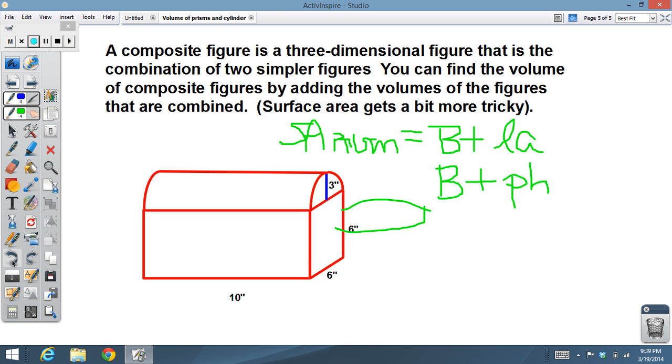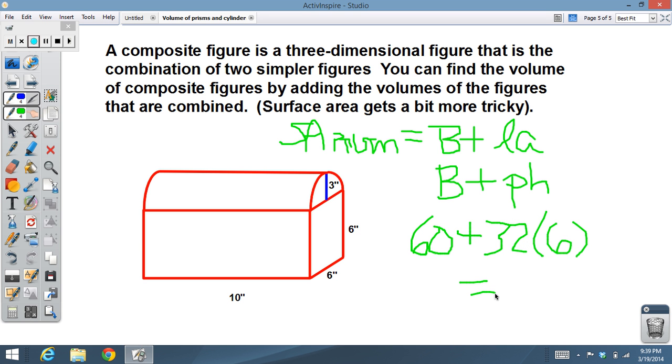So I don't have to worry about taking anything out of there. All I know is I got one base that's 10 by 6, or 60. The perimeter, I got 32. And the height is 6, so 32 times 6. Which means I've got a surface area for the bottom part of 252 square inches. So there's our bottom part.